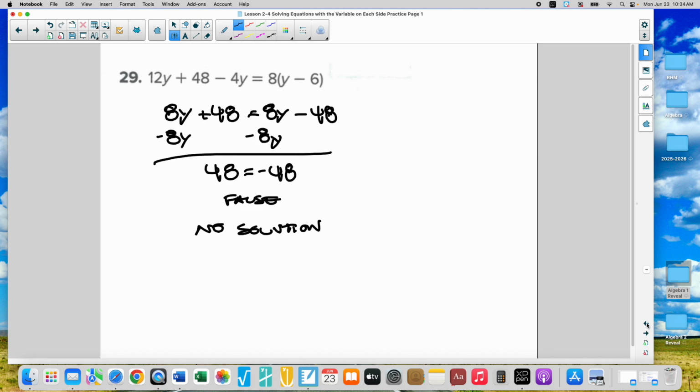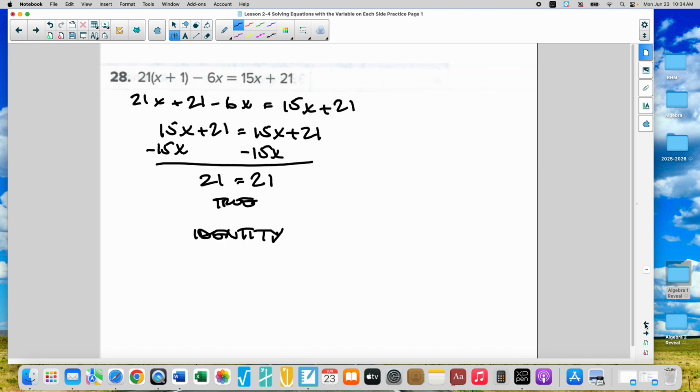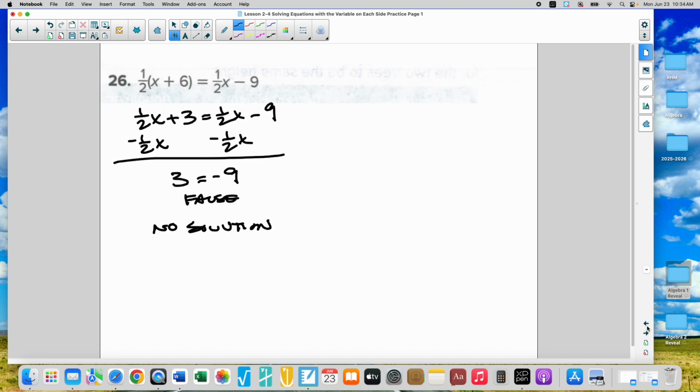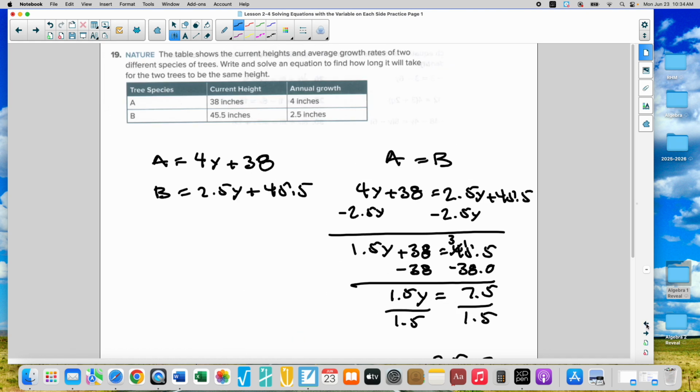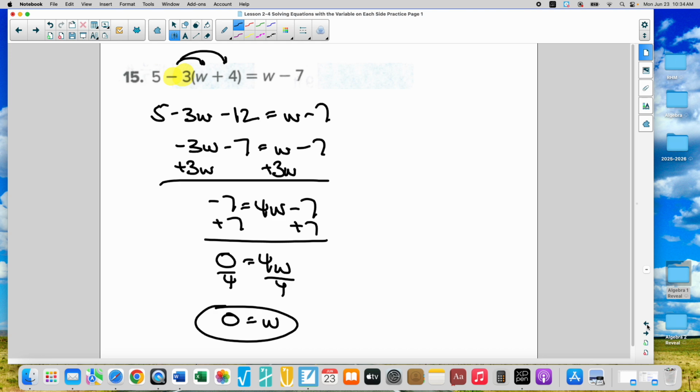In this example, there is no number that I can plug in. No solution. There is no number that I can plug in for x to make the left side equal the right side. If we go back to these problems, the variable didn't cancel. And we were left with a variable equaling a value.